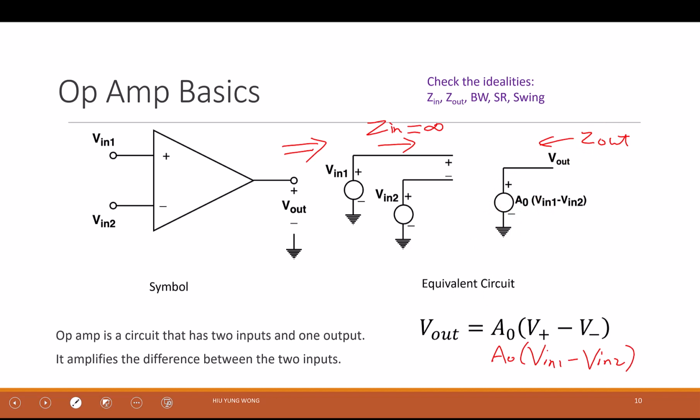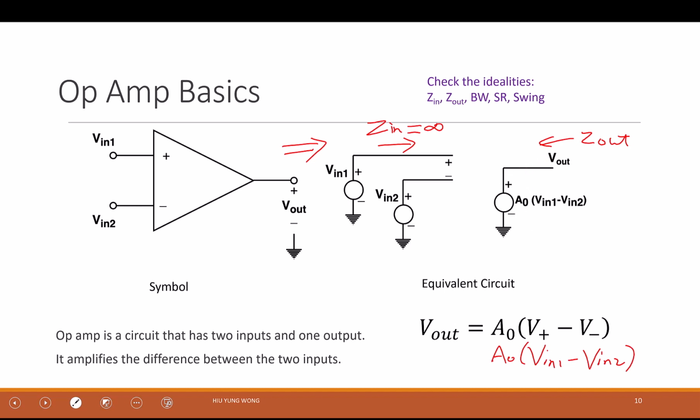Zero output impedance. How about the bandwidth? Does anything tell me that it has a limited bandwidth? If the input has a very high frequency, this equation just works accordingly. It doesn't change. A0 is there. No capacitor is drawn here, right? Bandwidth is infinity. You don't see a capacitor. You still don't know slew rate well, so just trust me.